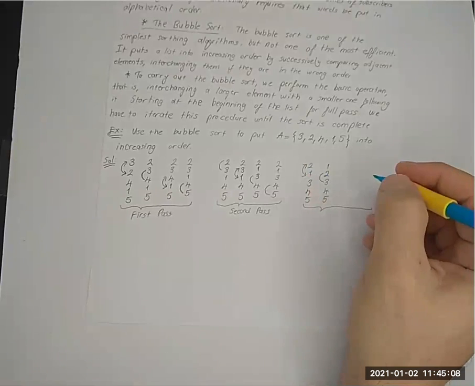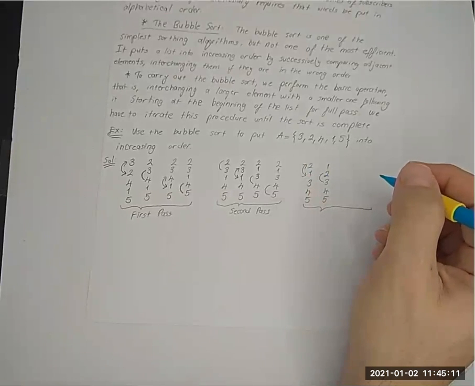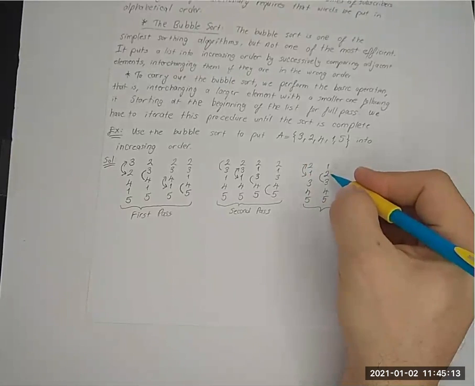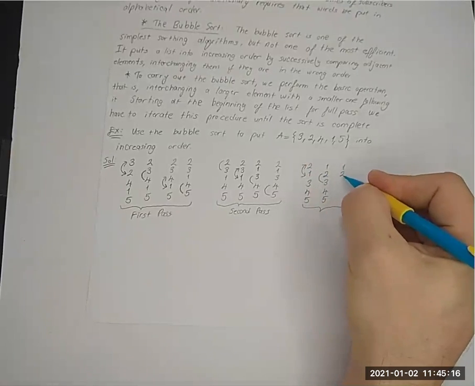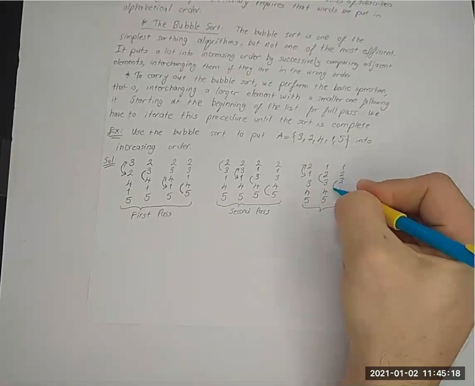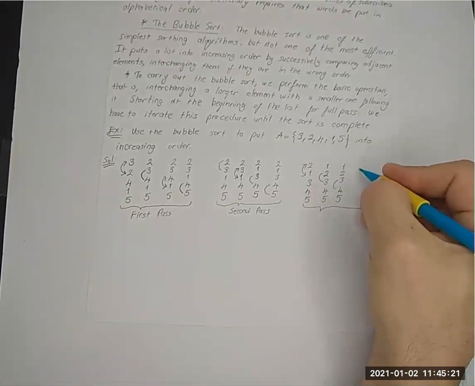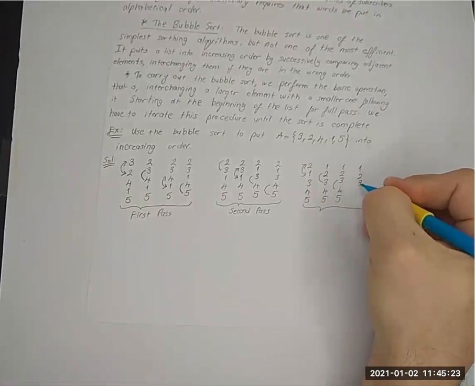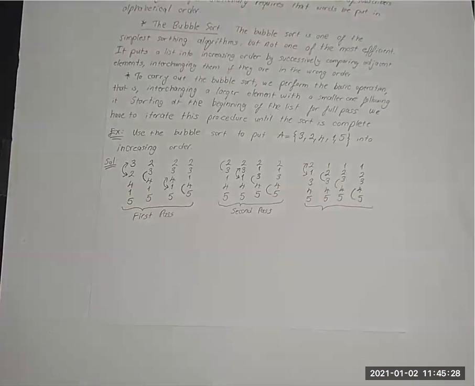I don't need to change. Then 1, 2, 3, 4. I don't need any change here. 1, 2, 3, 4, and 5. And I don't need a change here either. Now you see I completed ordering that list, or that sequence, using bubble sort.